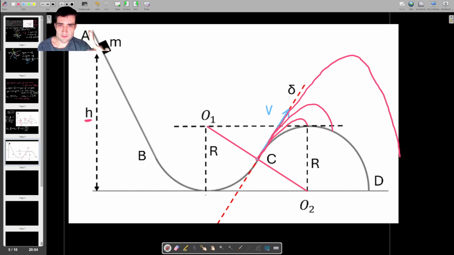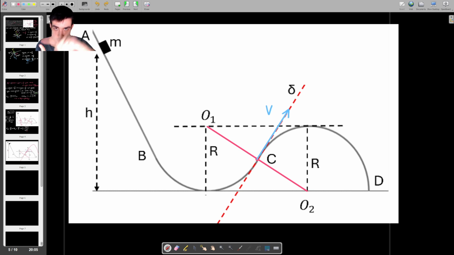The one path that we actually have to study and investigate is the path which not only brings the object back on the circular arc, but brings it back on the arc at the same height that it started from. In other words, we have to make this object land at this point, which, so this is C, this is D, we can call this E. So we have this symmetry going on.